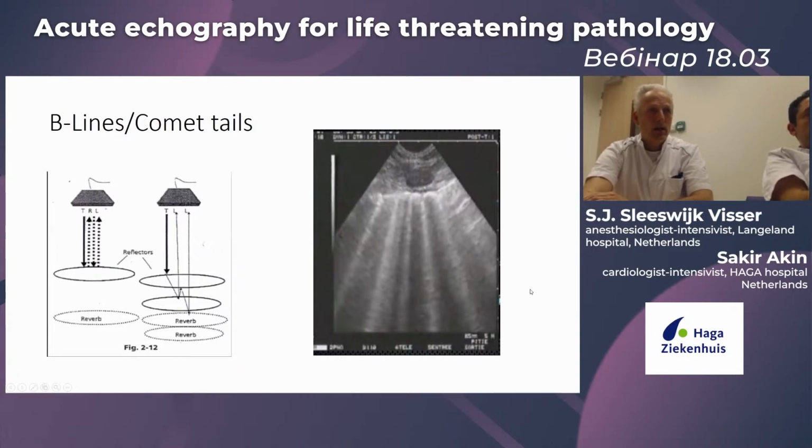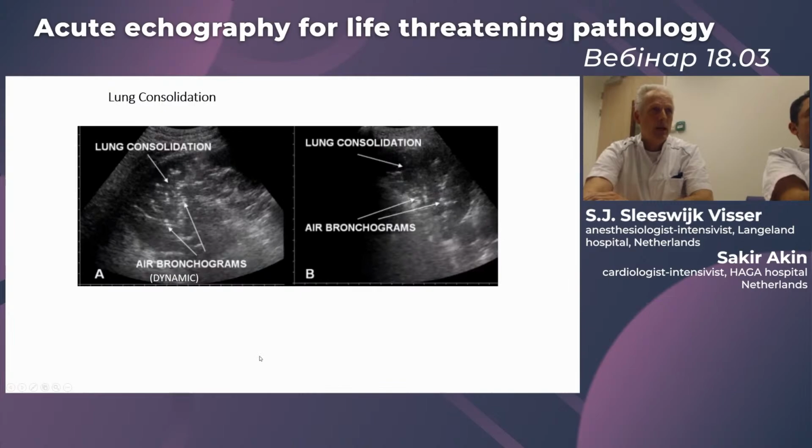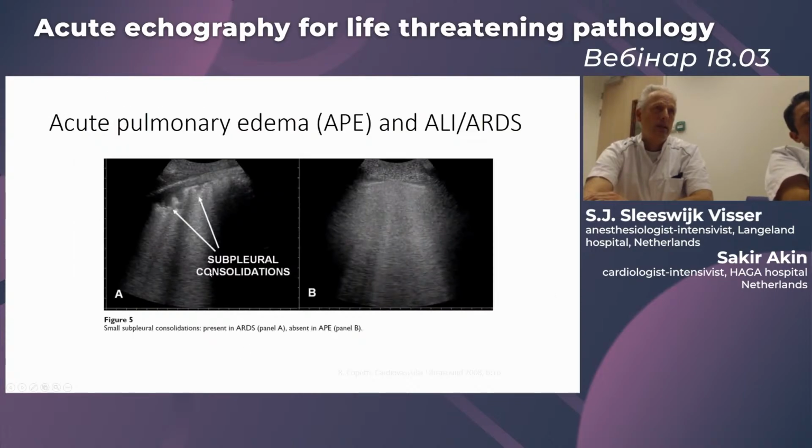Again, here are the B lines, the comets. This is a consolidation. This is probably a pneumonia. And on the echo, you will see these signs, even with air bronchograms. And here you see edema with B lines.